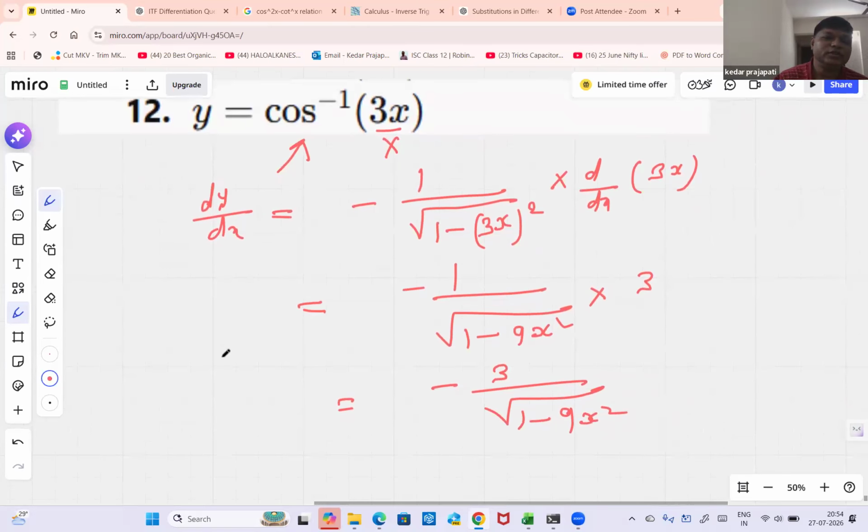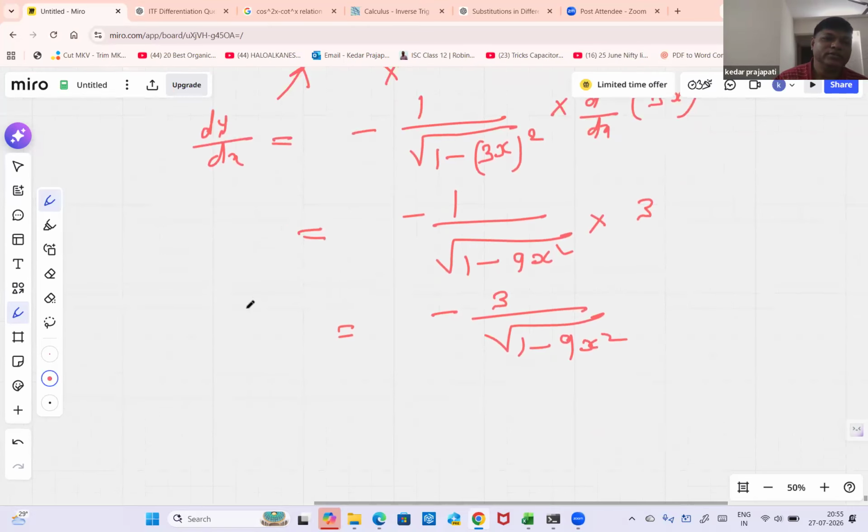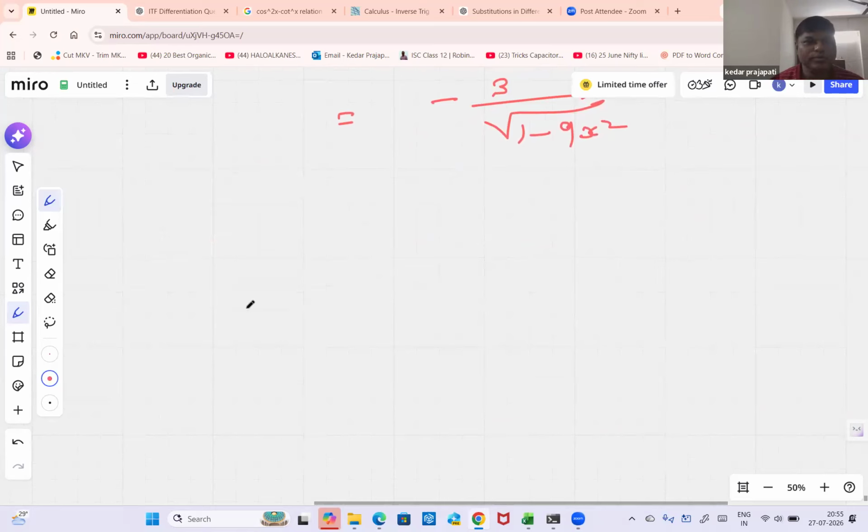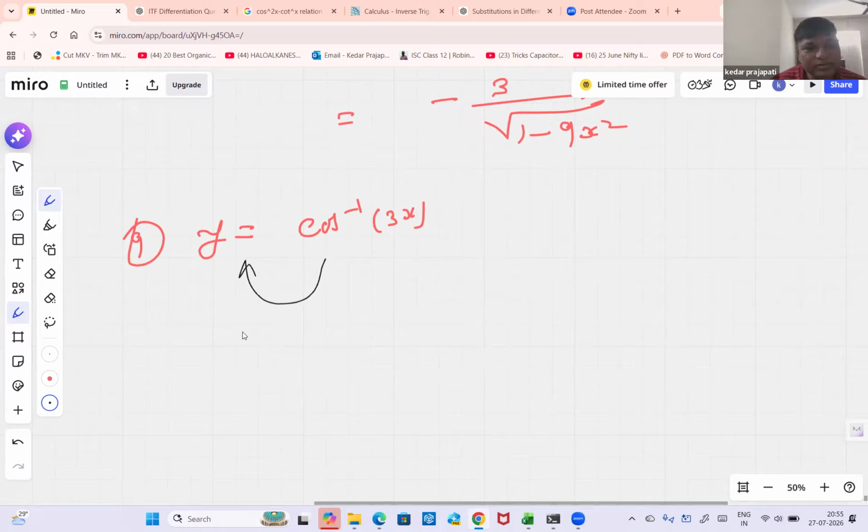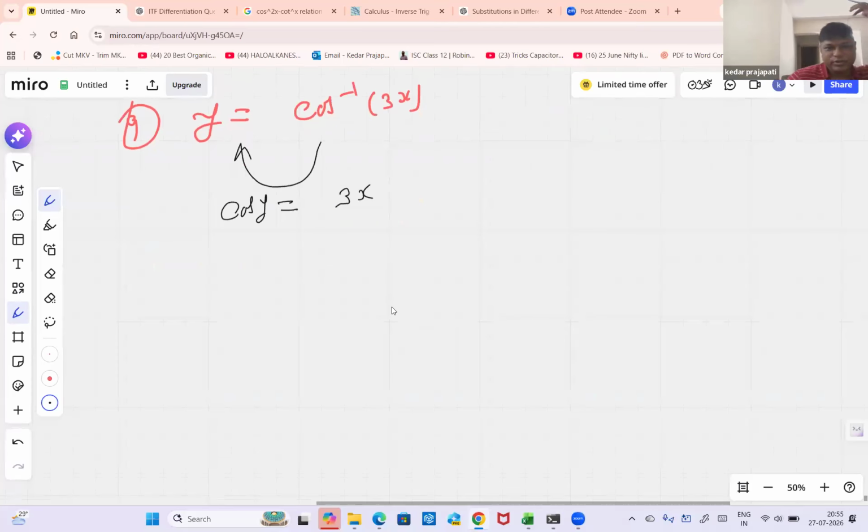If you don't want to do this, how will you do? y equal to cos inverse 3x. This cos will come, bring this here to this side. Cos y equal to 3x. Now let us do together.